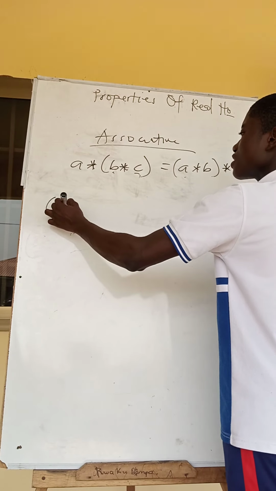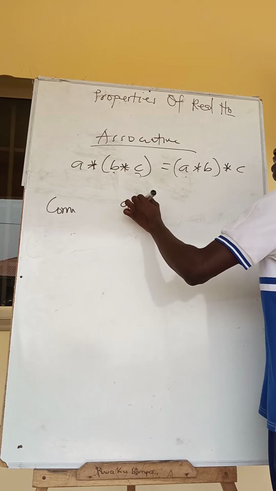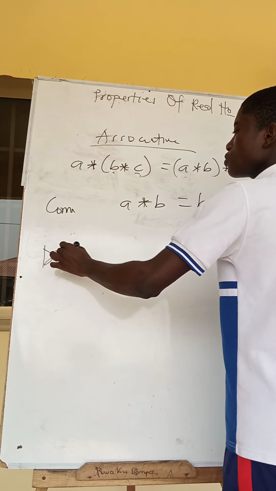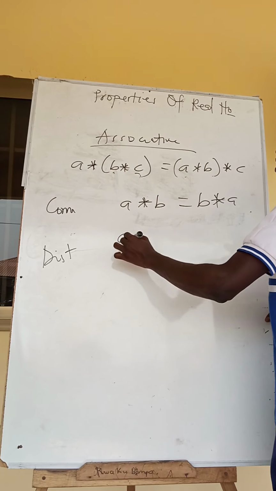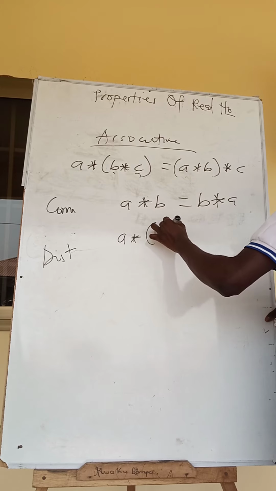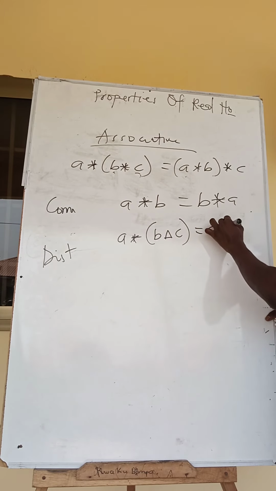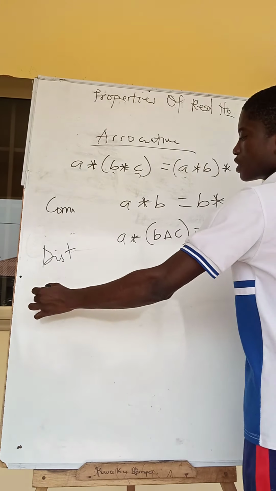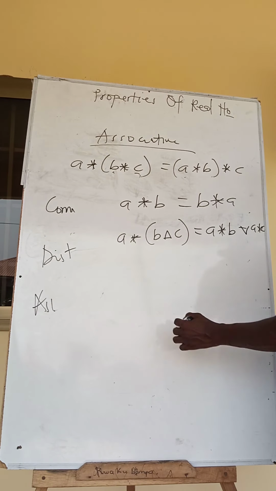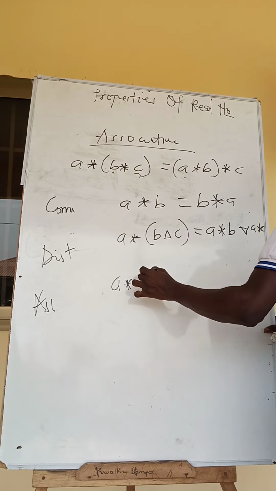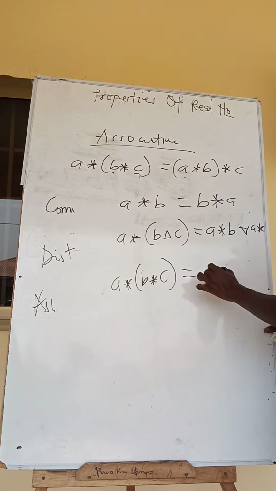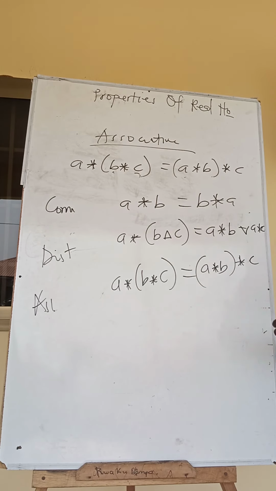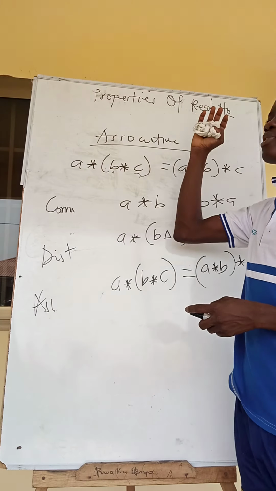So for the commutativity, I told you A star B should be equal to B star A. For distributive, I told you A star B plus C should be equal to A star B plus A star C. Then for the associativity we just did, A star B star C should be equal to A star B star C. And that is the summary for the properties of real numbers.